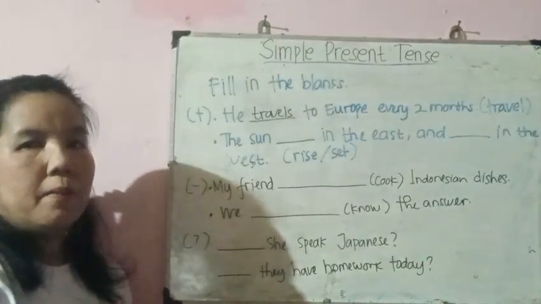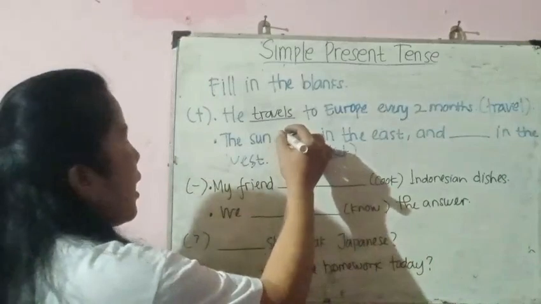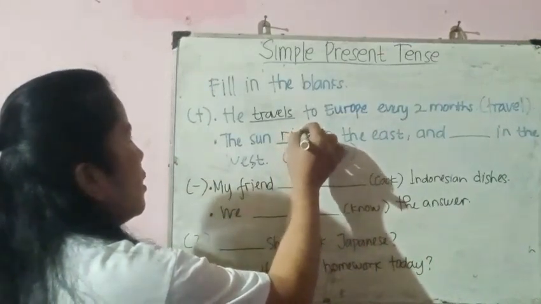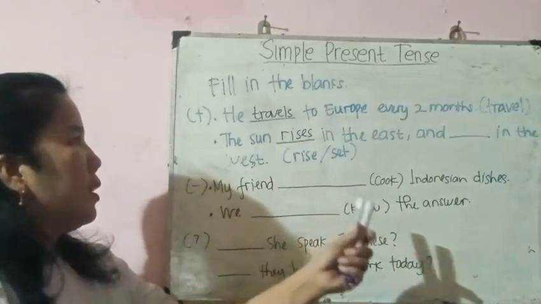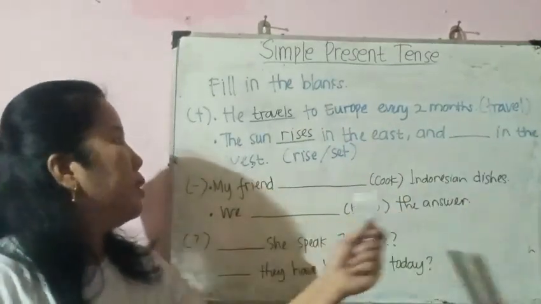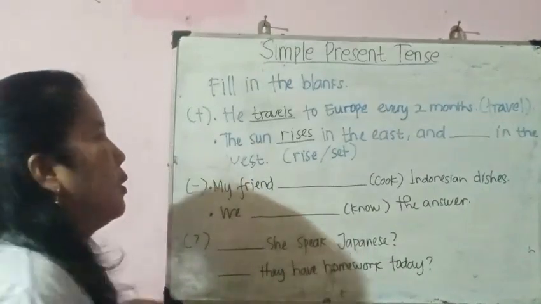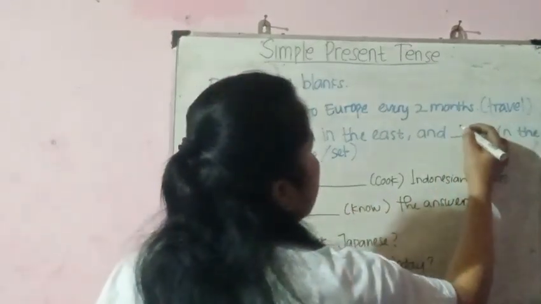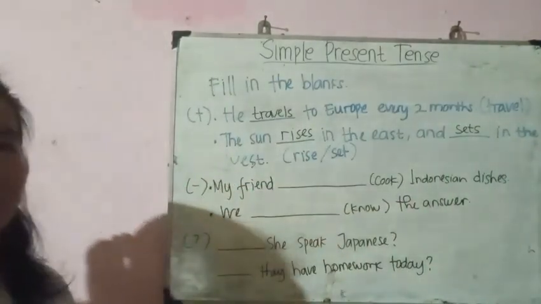The correct form of the verb rise becomes rises. We add s. In the east and in the west, we have the word set. We put here set becomes sets. We just put s.